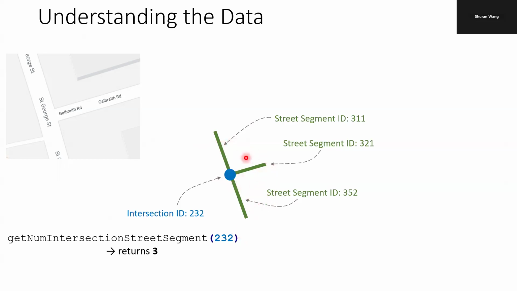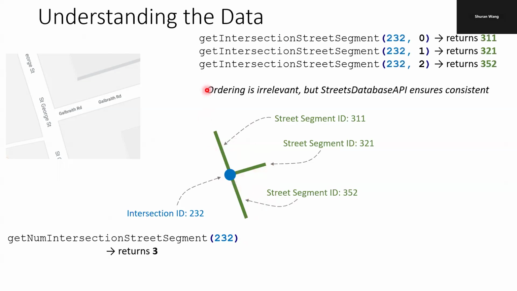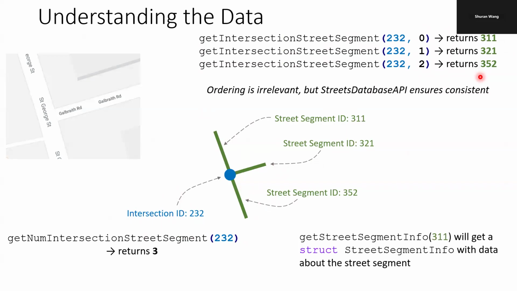Then for each of the street segments, we call get intersection street segment with 232, which is the intersection ID, and 0, 1, 2 for each of the connected street segments to get the street segment IDs. We can then do whatever we want on the street segment IDs using the get street segment info, for example. Is everything up to here clear?